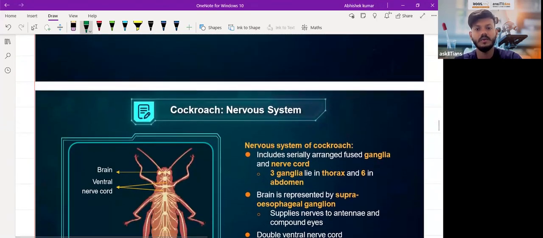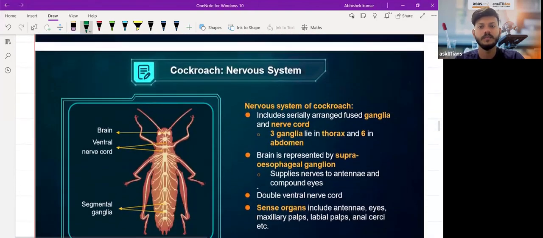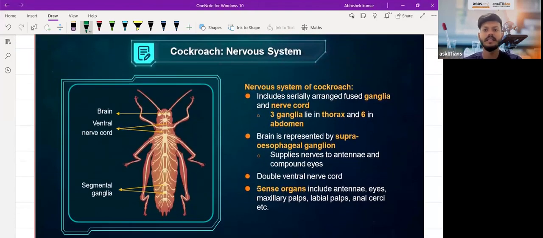Then the nervous system of the cockroach. The nervous system of a cockroach includes serially arranged fused ganglia and a nerve cord. You can see this is the brain, this is the ventral nerve cord, and these are the segmental ganglia.